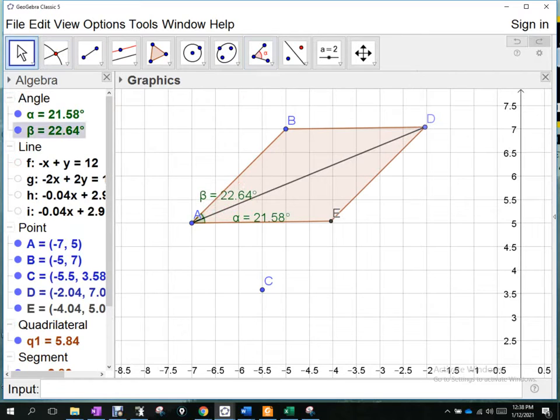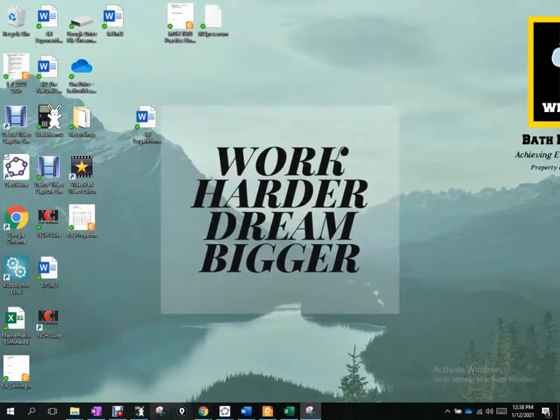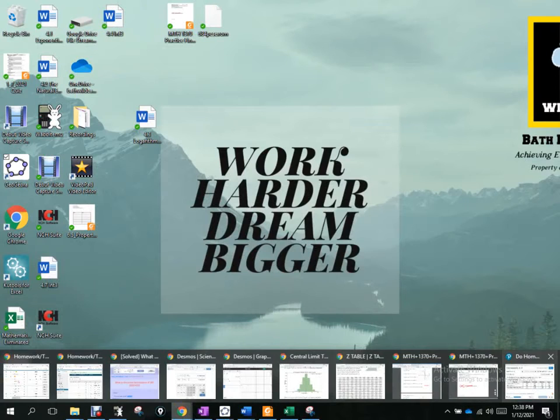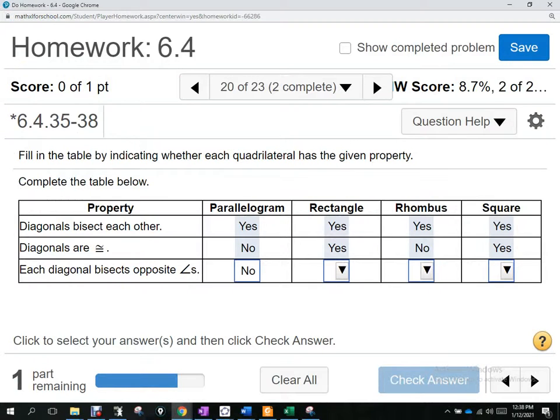Are those congruent then? So does this diagonal bisect this angle? No, it looks like it, and our eyes can't tell the difference between a little bit more than 1 degree. But in general, in a parallelogram, the diagonals do not bisect opposite angles. So that would be no.